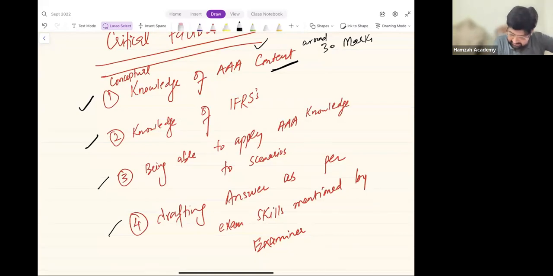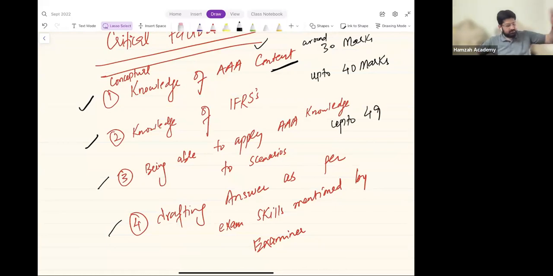Add the knowledge of IFRS, you get marks above 30, up to 40. Now, applying to the scenario, you get marks up to 49, meaning 41 to 49.